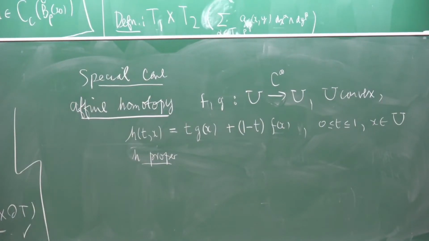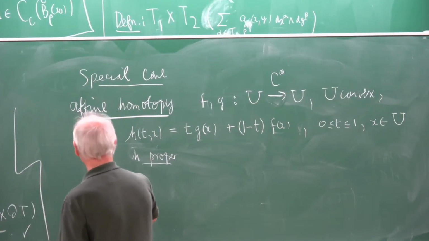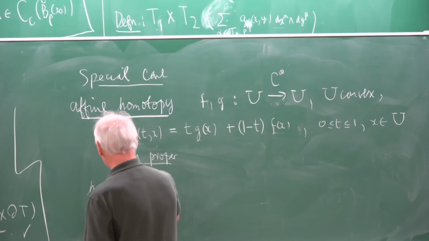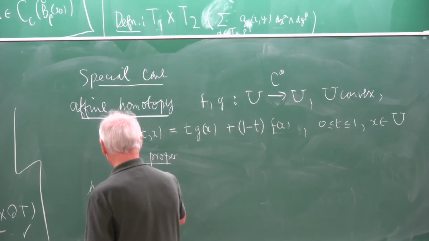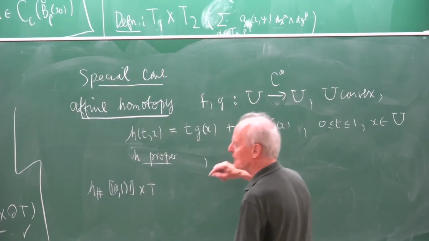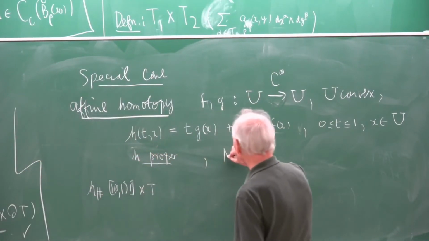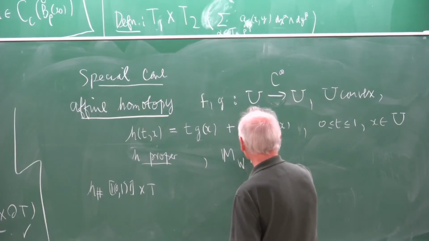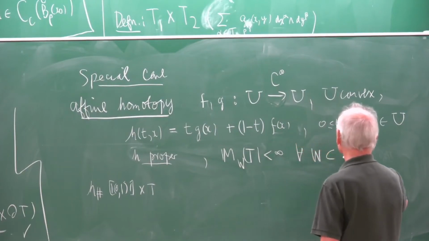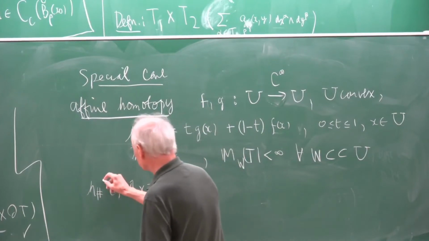I wanted to point something out about this formula. So let's look at H sharp of [0,1] cross T in this case. And let's also assume that we're working with a current which is of finite mass, locally. Let's work this out now.